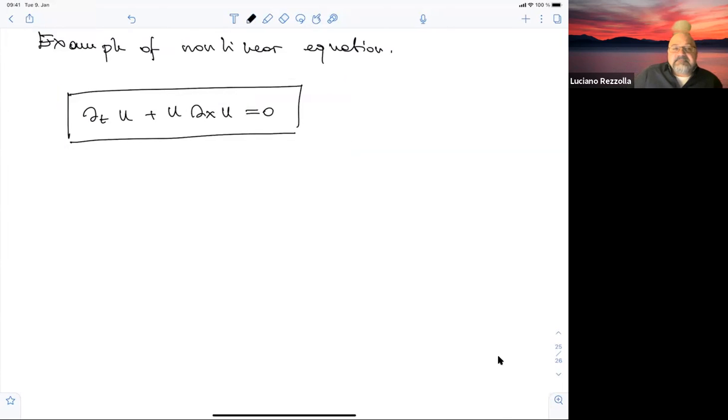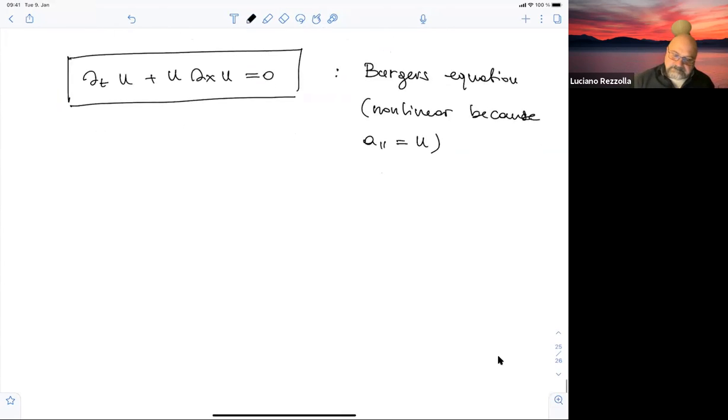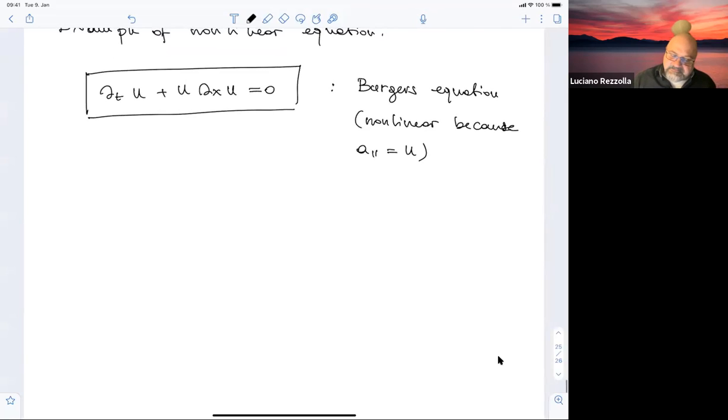I replace V with U. This is called the Burgers equation, and it's nonlinear because, if you remember, in this case there's just one component, so A11 is actually U. So it's not a constant coefficient. What are the implications of this nonlinearity?